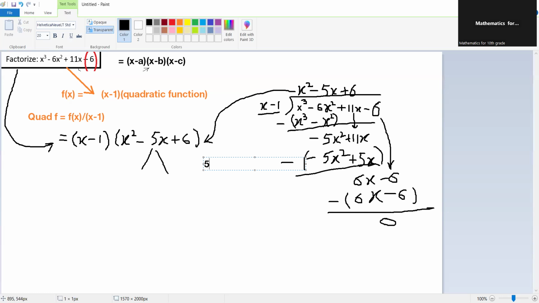So firstly it is 1 into 6, and secondly 2 into 3.